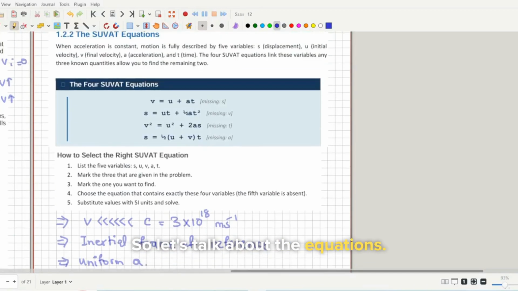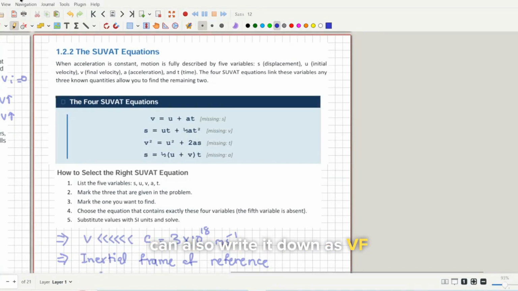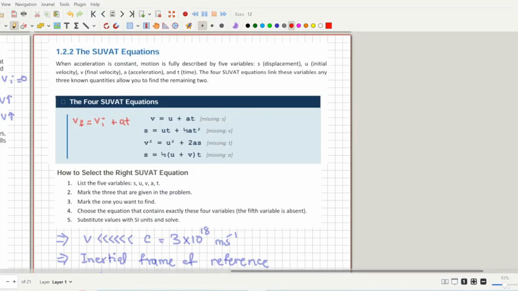So let's talk about the equations. The first equation, as you can see, is that the symbol v shows the final velocity. You can also write it as vf equals vi, that is the initial velocity, plus at.